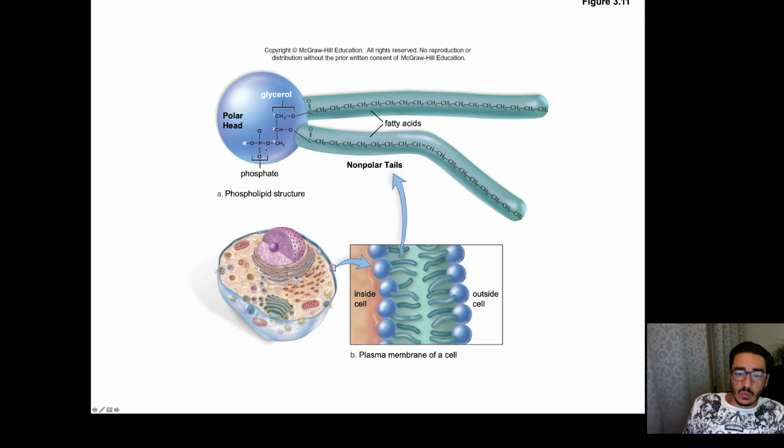The reason is that we have a polar head and non-polar tails. The polar head can interact with water from inside and outside, and the non-polar tails interact with non-polar tails. So we have a bilayer of phospholipids.